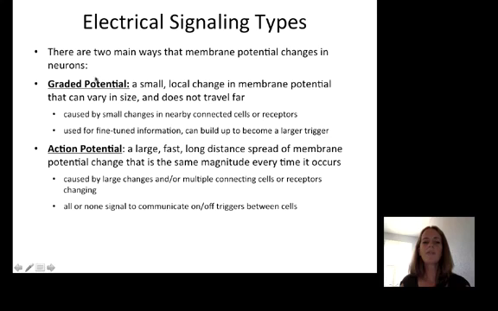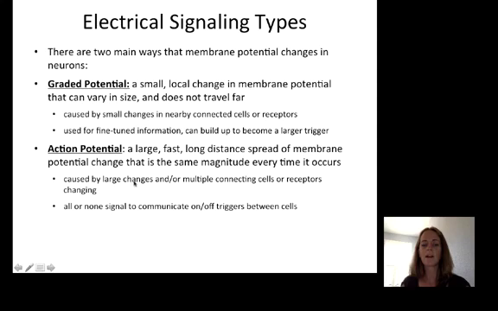If we get enough graded potentials in a cell, then we can build up to a large, fast, long-distance electrical signal that is called an action potential. This is an all or nothing signal that is a chain reaction of events that travels all the way down the axon to the axon terminal and is the same magnitude every time it occurs.